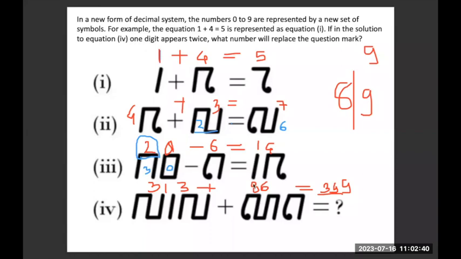Now this also cannot be 8 or 9. I don't know if this is 8 or 9. It cannot be 9 because if I keep 9, there won't be a digit getting repeated twice in the answer. That's why I say that no, 8 has to look like this and 6 has to look like this. 9, I'm not worried what 9 looks like because I don't care what symbol will come there. That's where the correct answer will be 399.